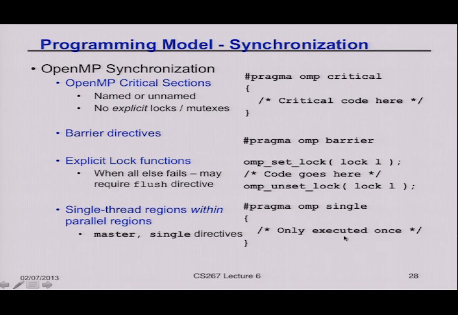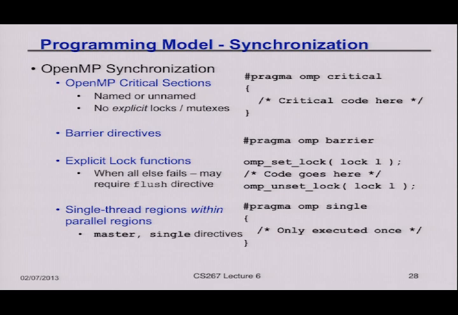And the question is, who executes it? It could be whoever gets there first. That would be the single directive. Whoever gets there first can do it. And the other one is you say there's a master process, where you've designated one process as being in charge of everything, and it will be the one that executes it. So all of these are variations that you can use. You may not need them all, but they're all there.